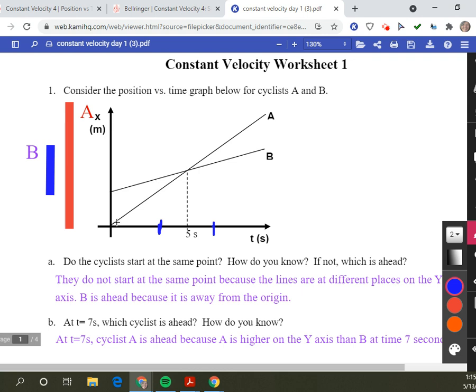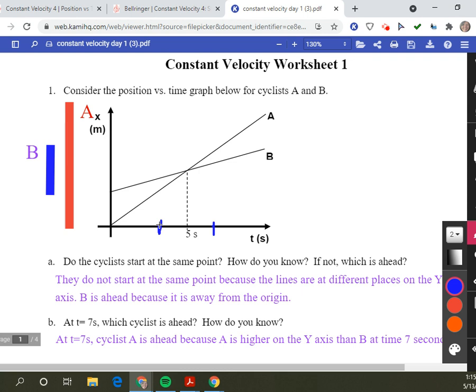They're covering the same amount of distance over each amount of time. A doesn't change and B doesn't change. These are straight lines. So which one is going faster at 3 seconds is the same one that's going faster overall.